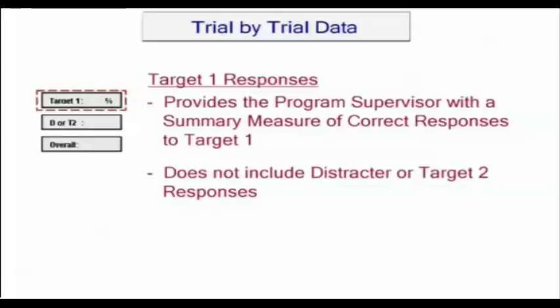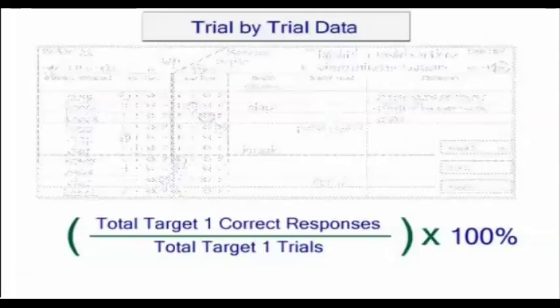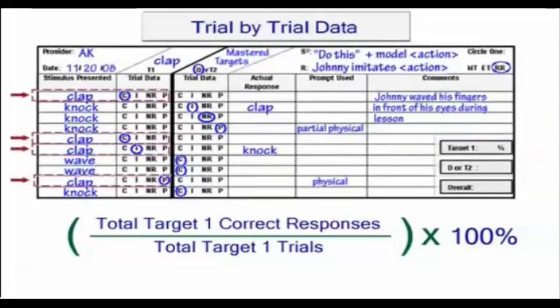Percent correct for Target 1 is calculated by dividing the total number of correct responses for Target 1 by the total number of trials presented for Target 1 and multiplying that figure by 100%. Looking at the example with Johnny, there were 4 trials of Target 1.